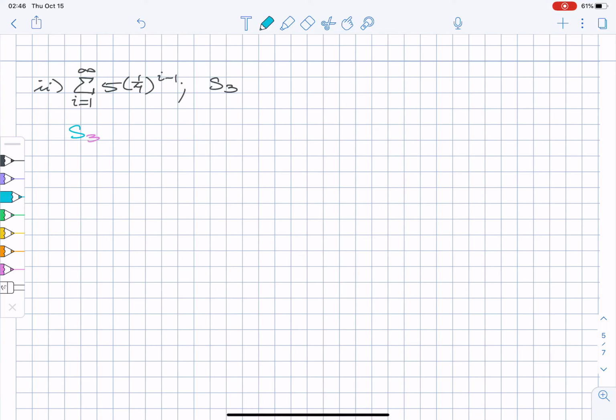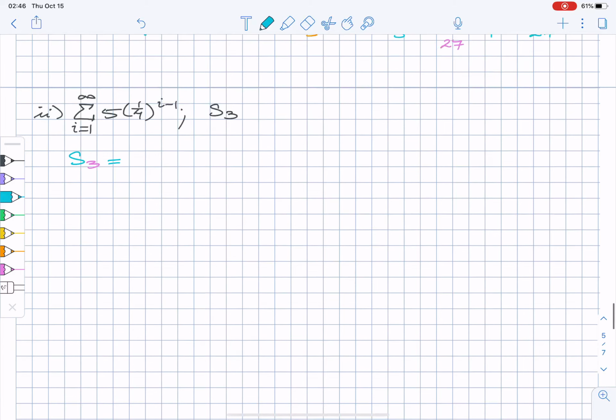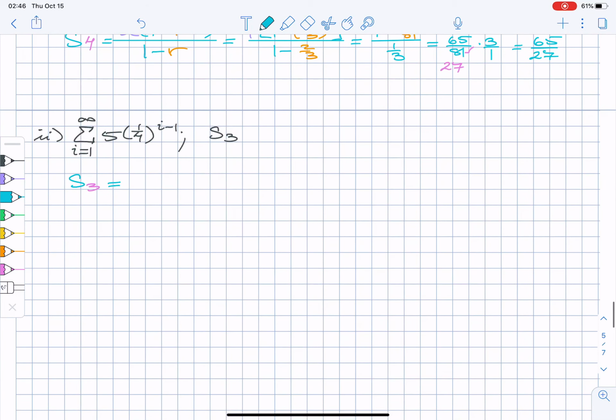Now the easy way is going to be A times the quantity 1 minus common ratio to the n, in this case 3, divided by 1 minus the common ratio r. Okay, so now we have a different A. A is what's attached, the 5 here. This will be 1 minus the common ratio, which is 1/4.